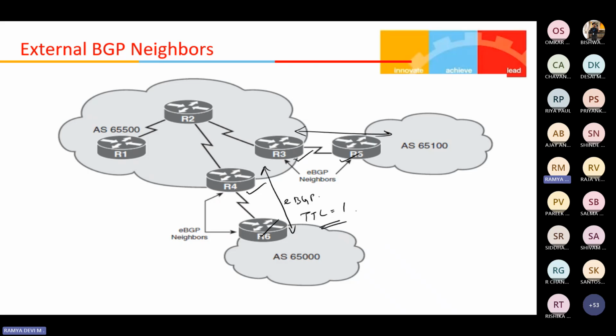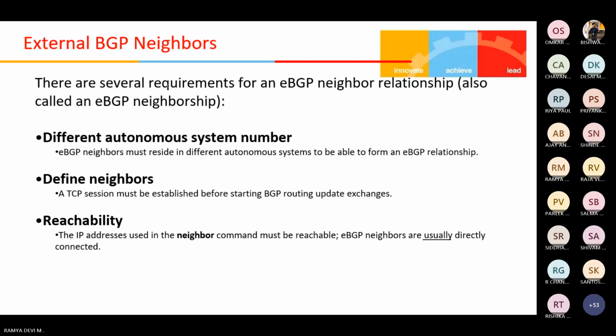That's the reason TTL will be set to 1. Directly connected routers will be considered neighbors. So for exchanging the information, the routing scope will be interdomain routing for eBGP, and intradomain routing will be using iBGP.